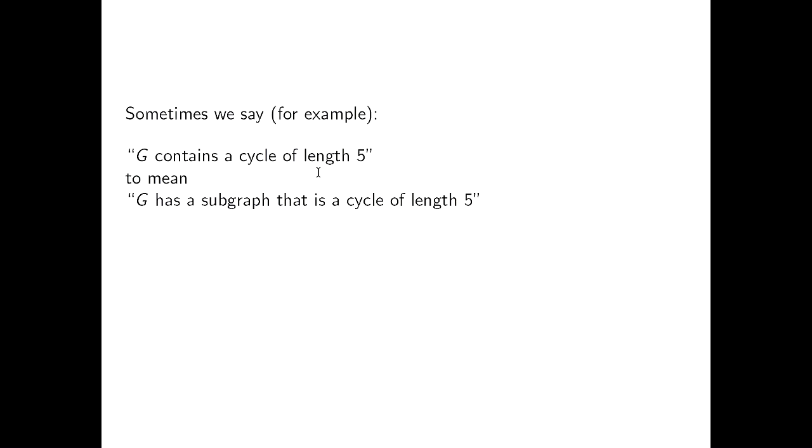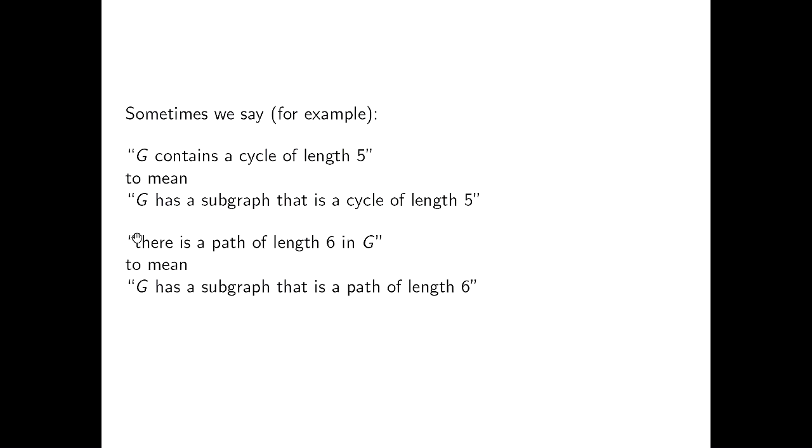This is just a slightly shorter way of saying that. Or similarly, there is a path of length 6 in G means G has a subgraph which is a path of length 6. So we let ourselves be a tiny bit informal with that. Any questions there? Okay.